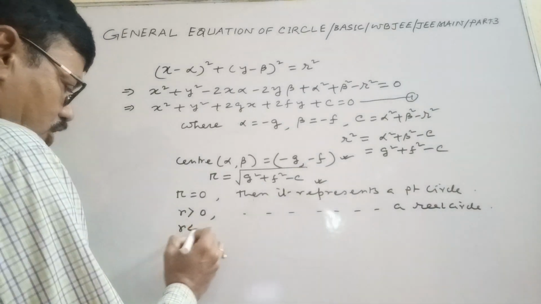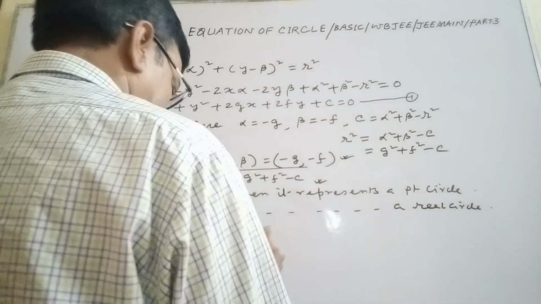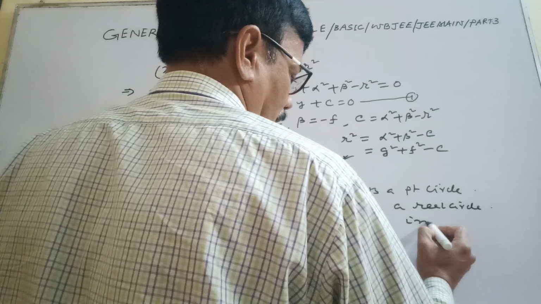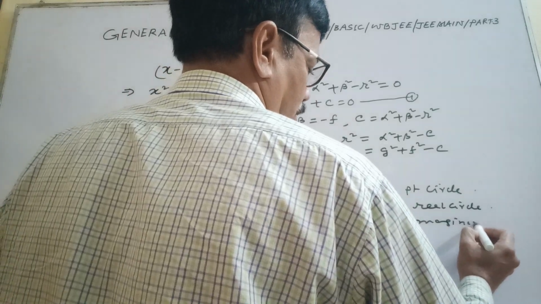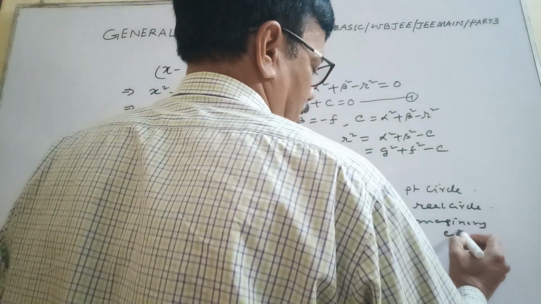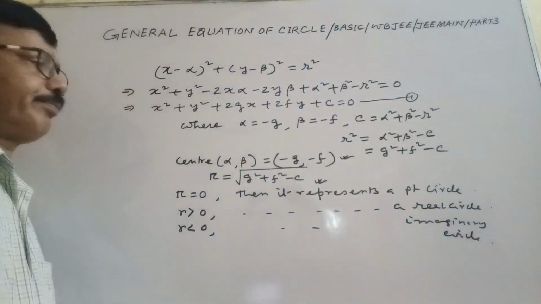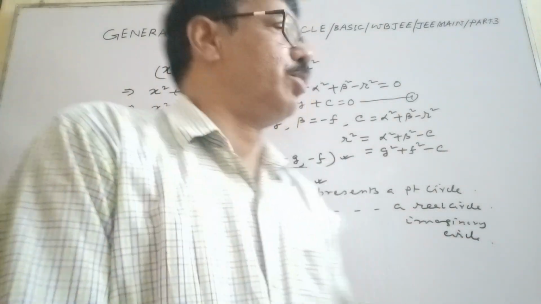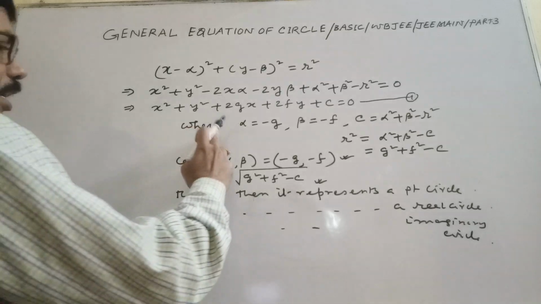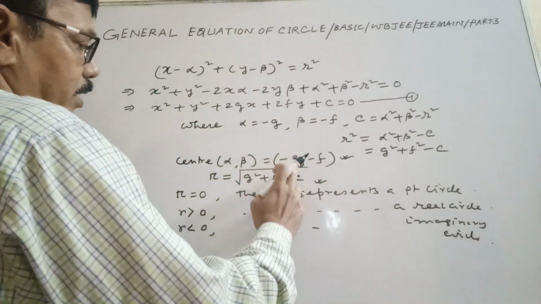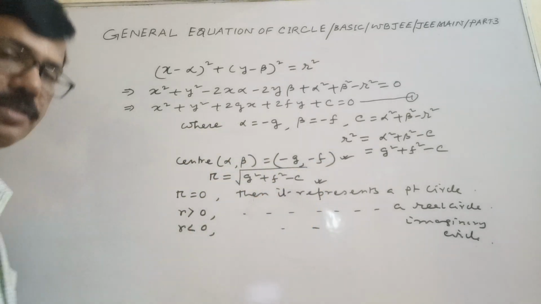If r is less than 0, it is an imaginary circle, so you cannot draw it. We have to remember this result, only how to find the center and radius.